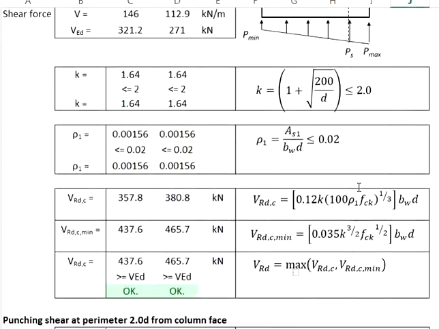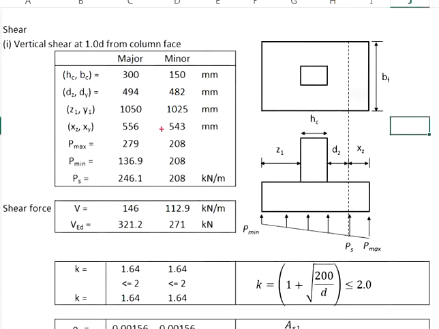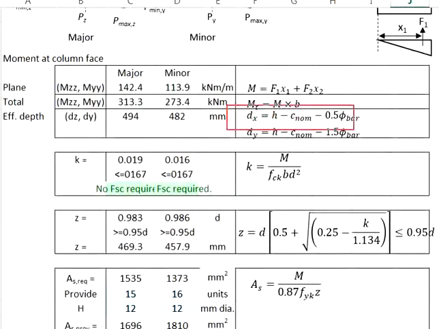But if you look at the calculations previously, we have the effective depth for the major and the minor axis differ slightly. This is due to the arrangement of the reinforcement bar, where the secondary reinforcement bar is sitting on the primary reinforcement bar.